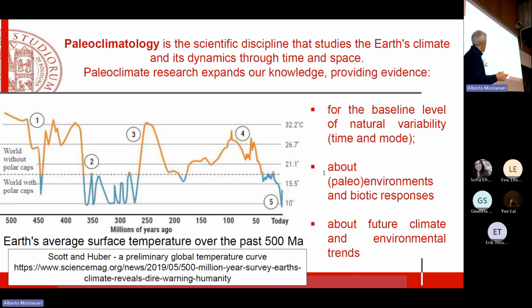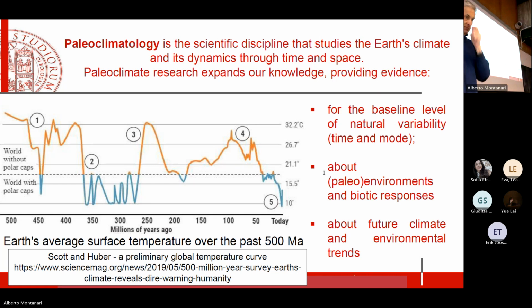And you see that actually it's not the longest part of the history of Earth. With the yellow-orange line, we mark the so-called greenhouse period, which means without polar caps.